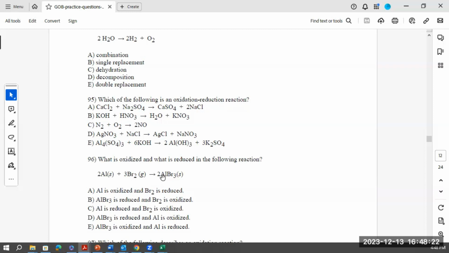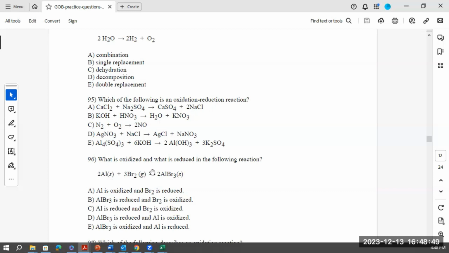Now, the question is, the metal starts off at 0 because it's zero charged initially, right?